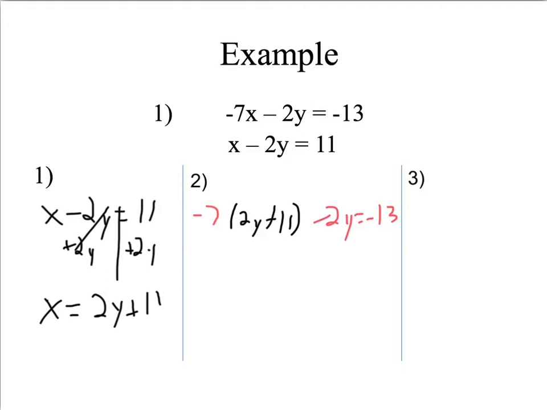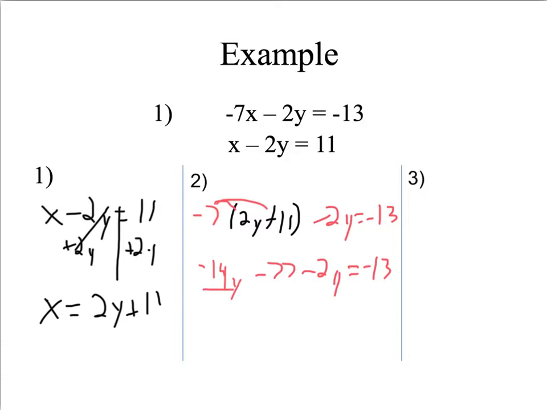So to solve this equation, you want to do distributive property. Negative 7 times 2 is negative 14y. Negative 7 times 11 is negative 77. Bring down the negative 2y and then negative 13. Combine like terms.